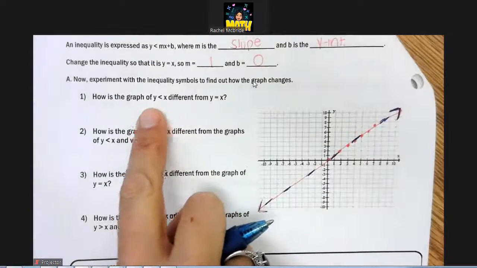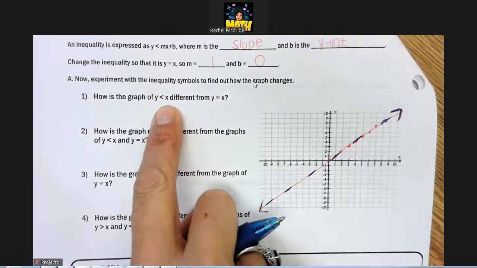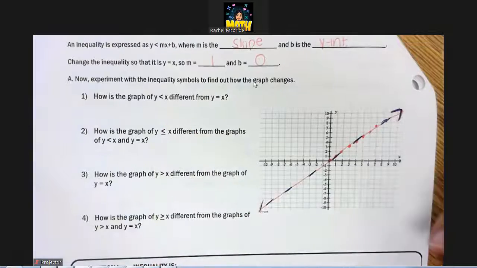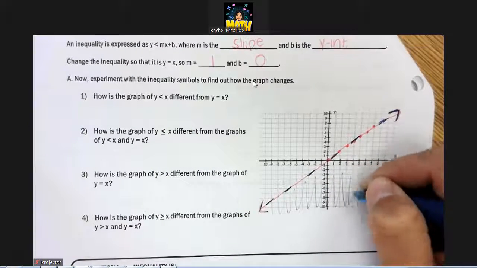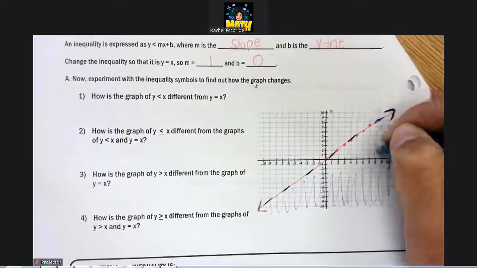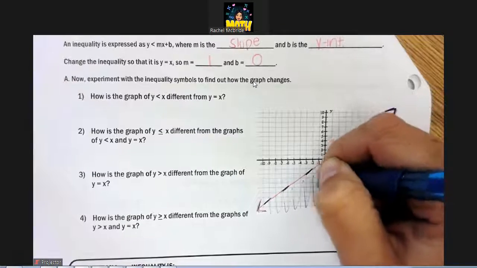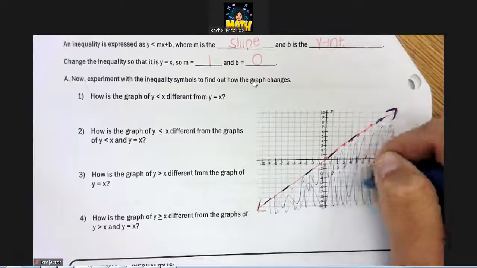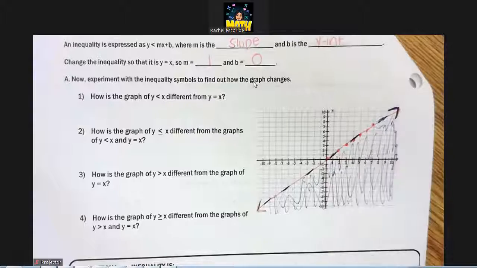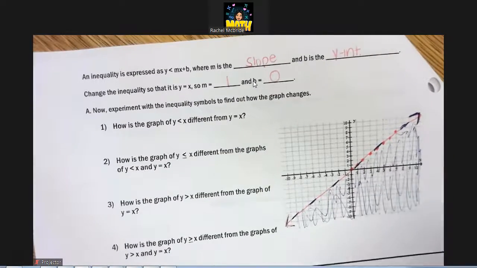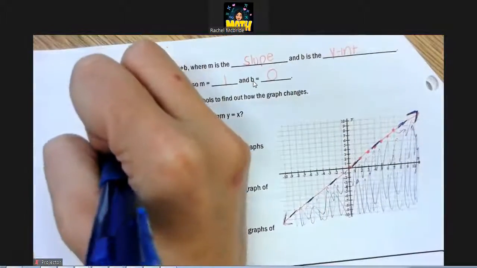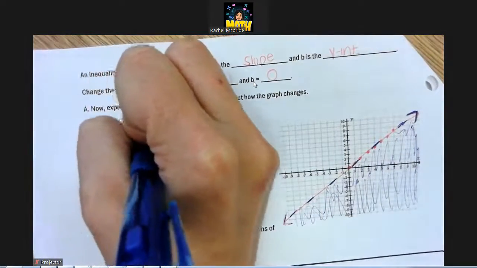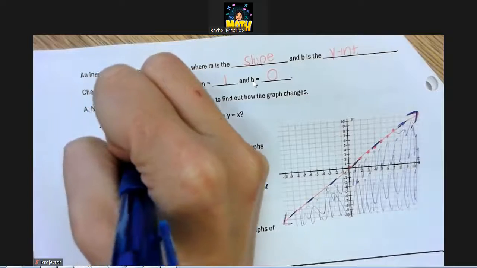And when is y less than x? Well, y is less than x below that line. So how are they different? Well, they're different because the line is dashed and shaded below.